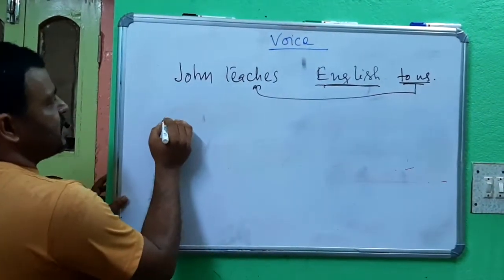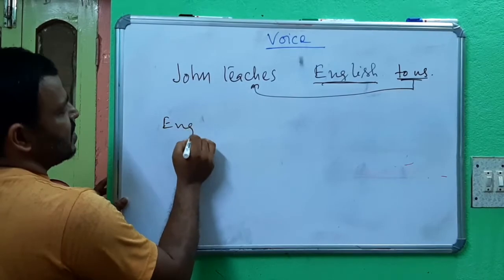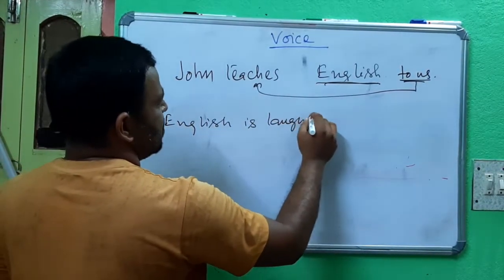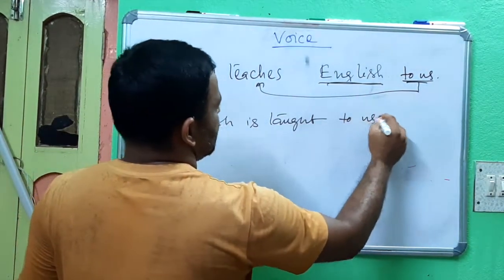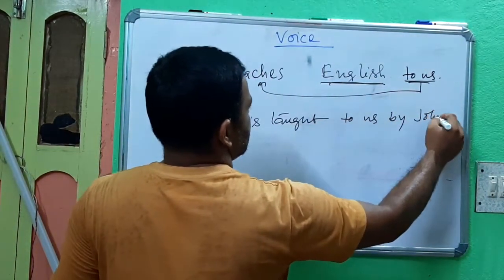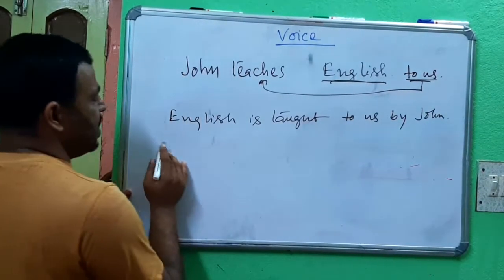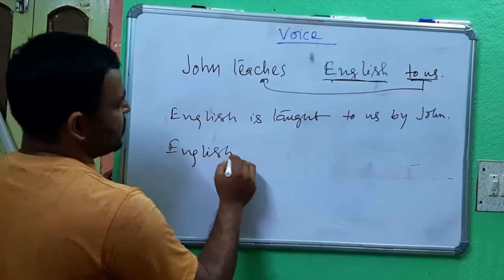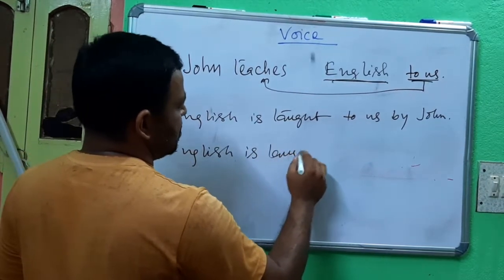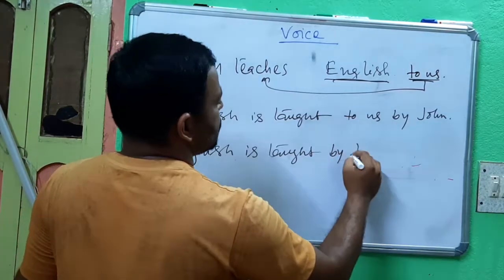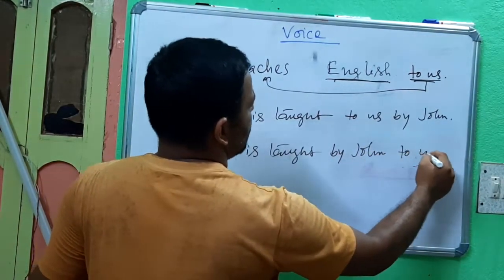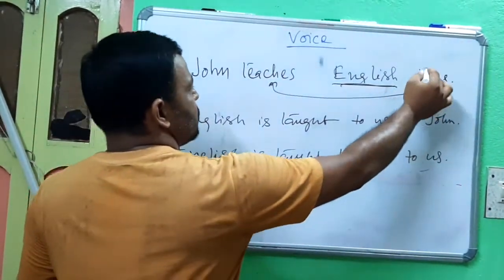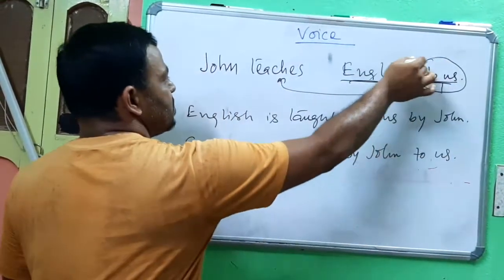So it can be changed as: English is taught to us by John. It can again be changed as: English is taught by John to us. Whatever you do, it will be correct. So us is not the object of the verb teach.